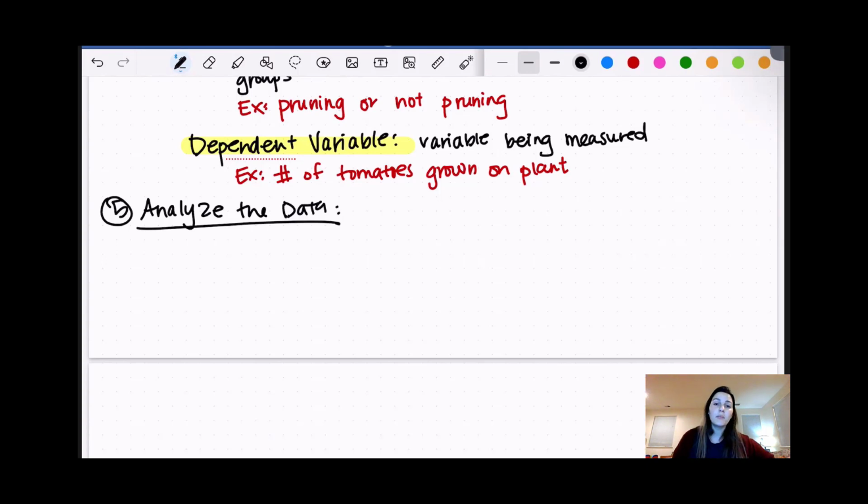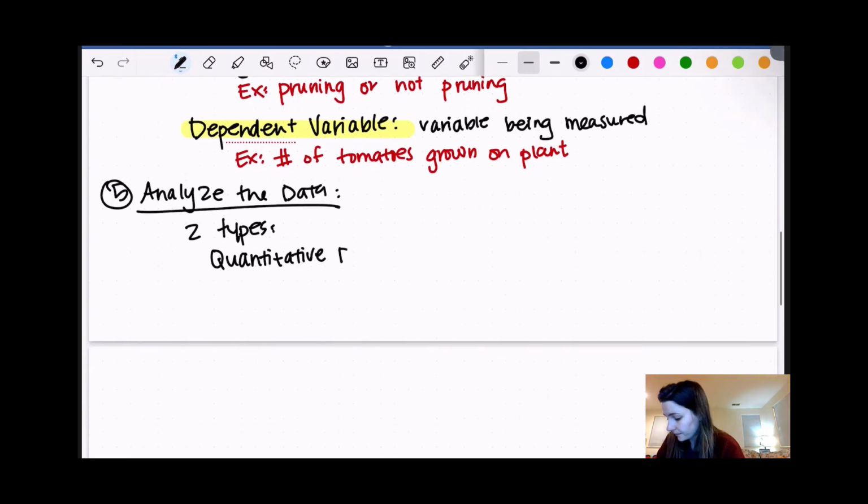When we talk about science, we talk about two major types of data. So we have two types. We have quantitative data and qualitative data.